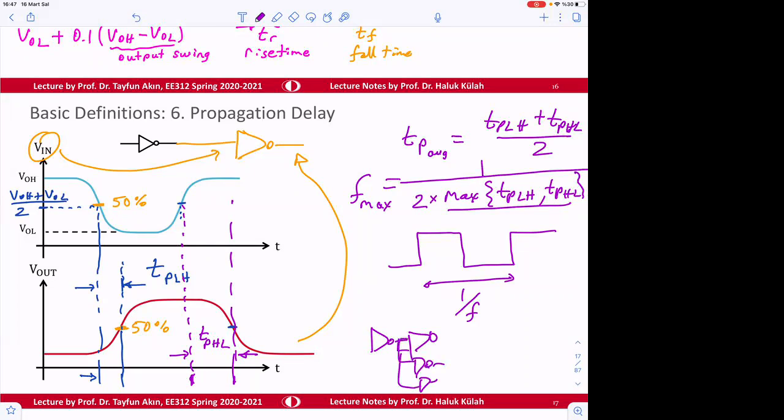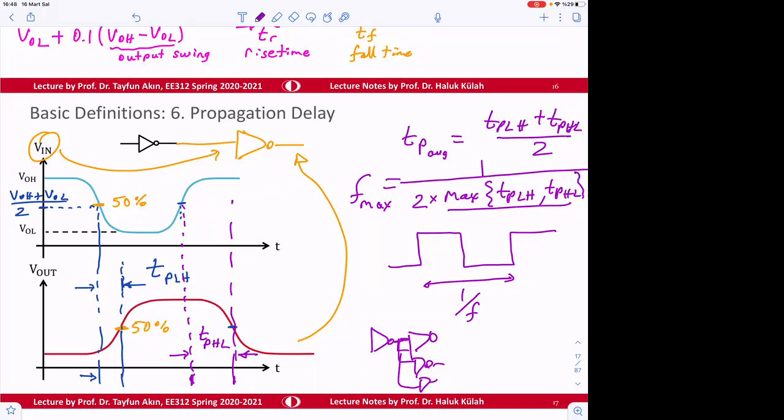So this will be creating some delays, and then the extra delay here is going to be critical. That's called the critical path, okay? The critical path determines the maximum operation frequency. Maybe for 99.9% of the circuit, these delays cannot create a problem. But if one point creates a problem, then you should determine the maximum operation frequency according to that, the slowest node of the circuit.